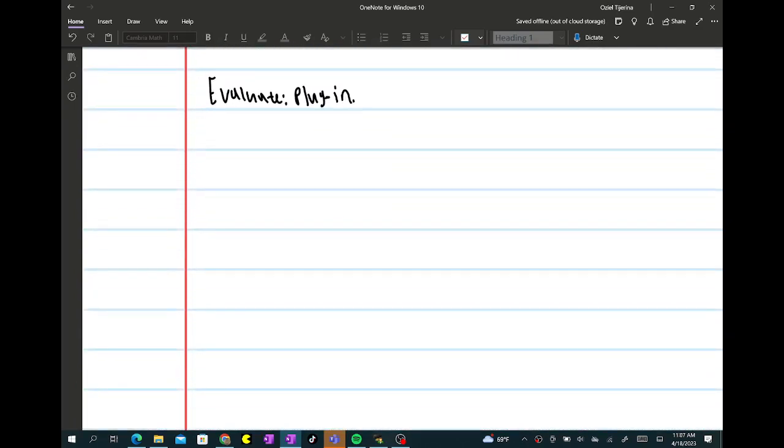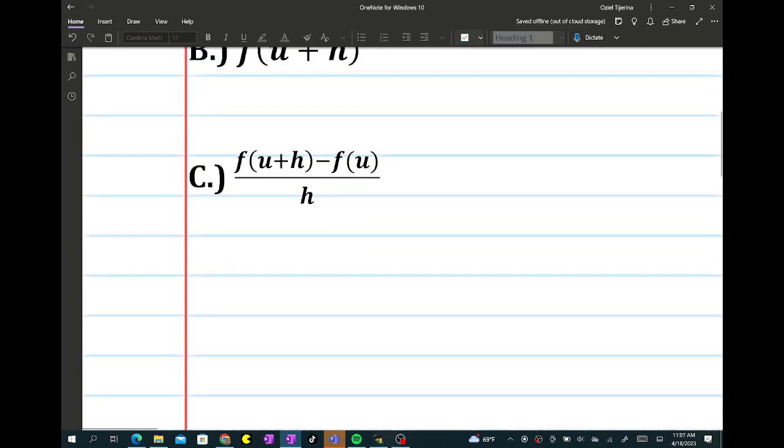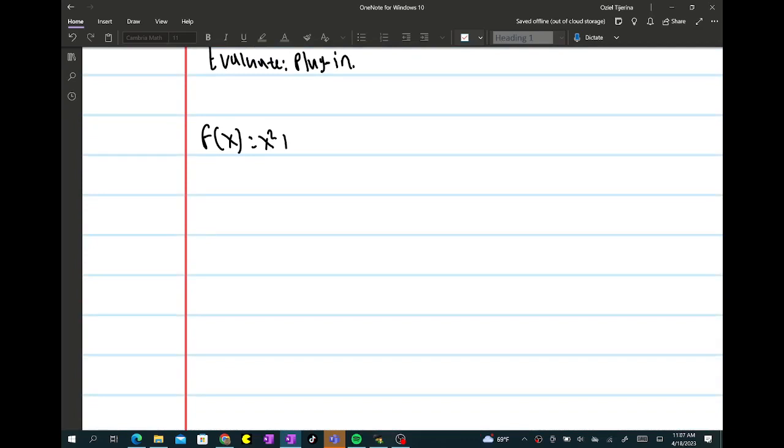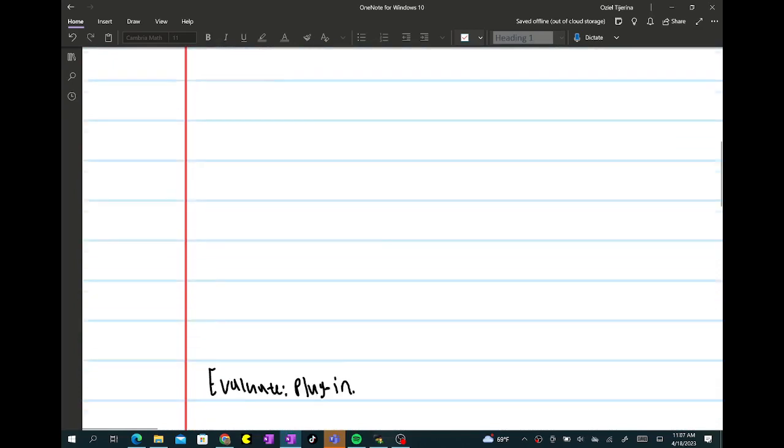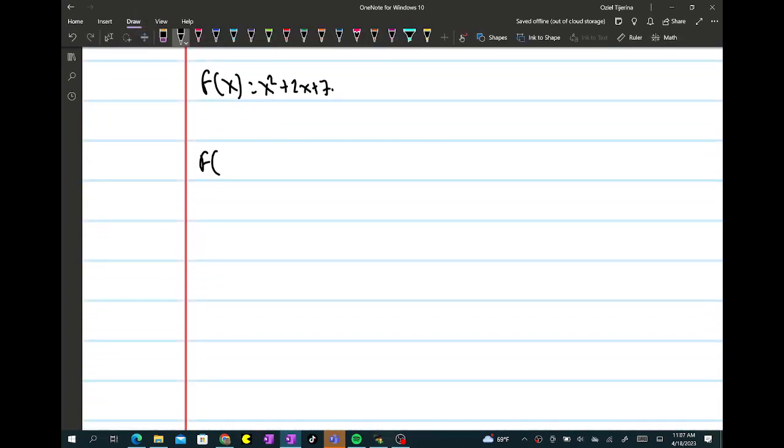So our function is f of x equals x squared plus 2x plus 7. This is our original function here, and we want to know what f of 2 is. So we're going to go ahead and do that.